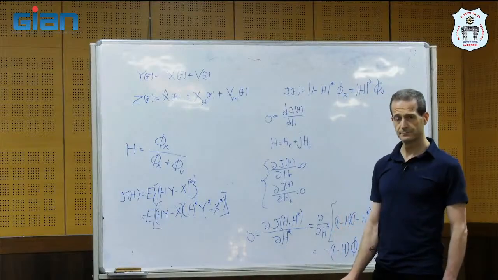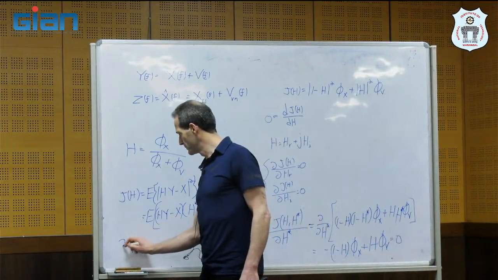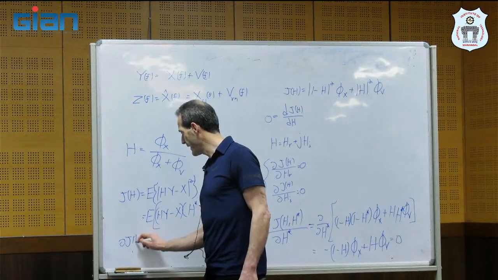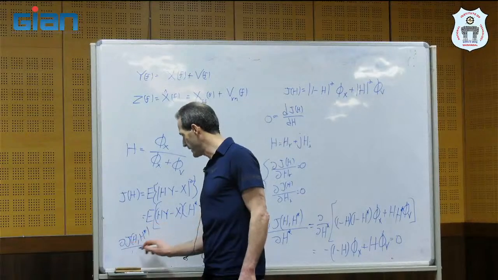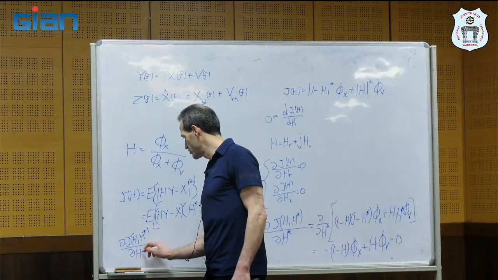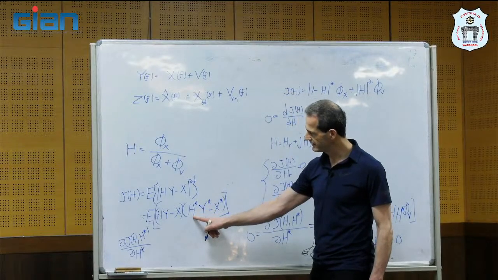Okay? So if I take the derivative of J(H) with respect to H complex conjugate, we have it only here.